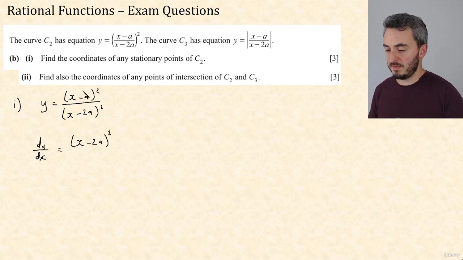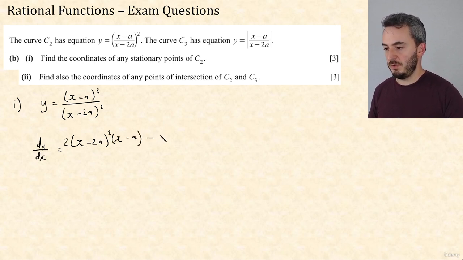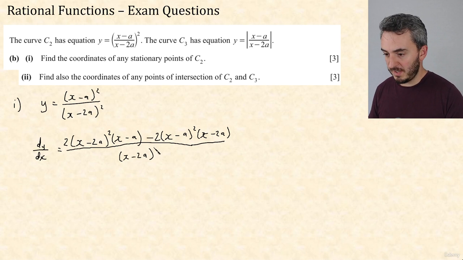Now when I differentiate this, I just get 2 times (x minus a), minus u v dash. So u is (x minus a) squared, and then v dash, when I differentiate this, I get 2(x minus 2a), and then all of that over (x minus 2a) squared squared, so to the power 4.